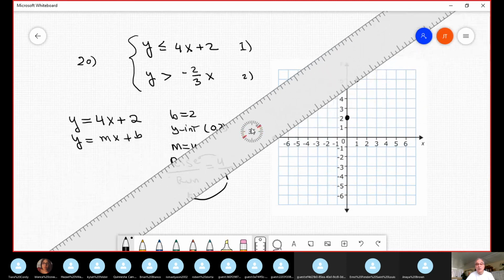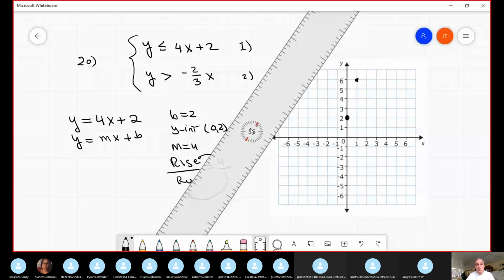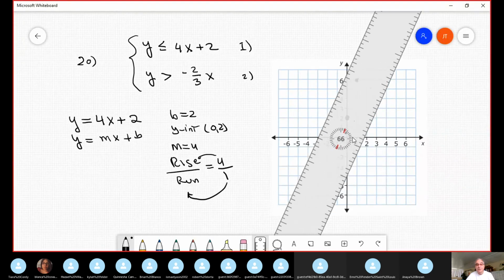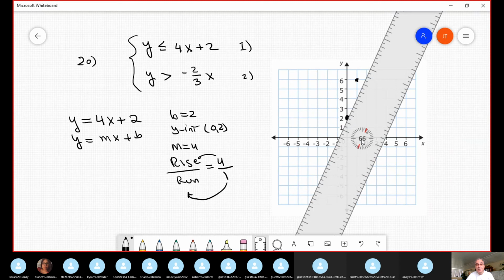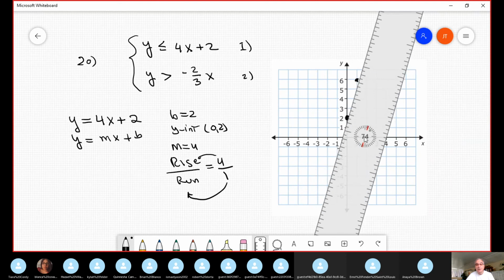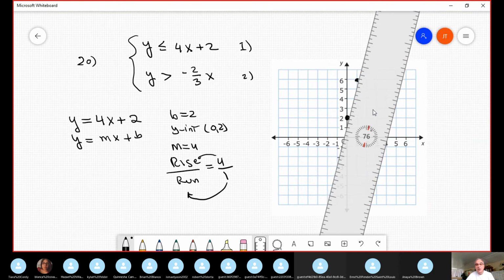Solid. You always have the correct answer. Okay, I'm connecting, and I say solid line. Do you understand why solid? Because it's equal here. Equal means solid.